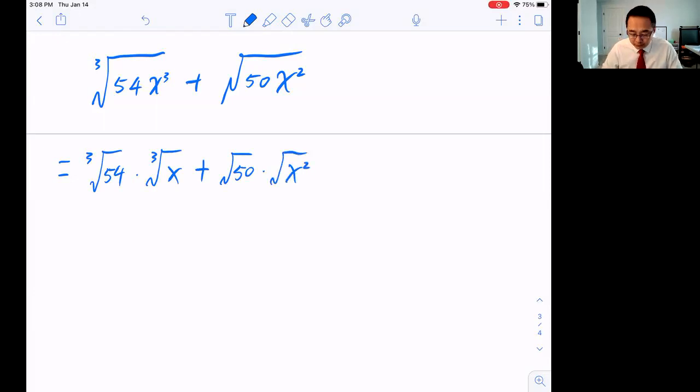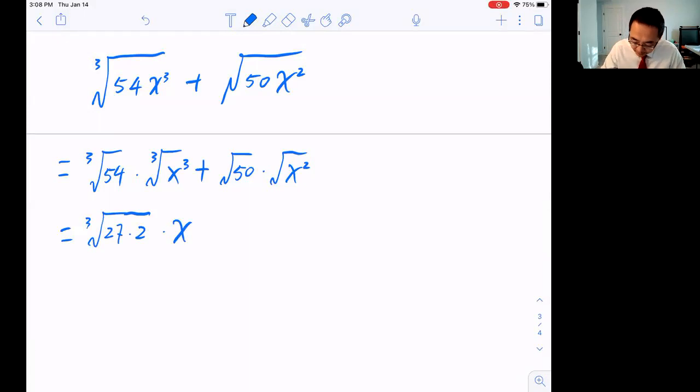So then the third root of 54 is what? Easier to do 27 times 2. And whoops, sorry, I forgot this power here. I was just thinking this equaled x, so I skipped ahead a little bit.